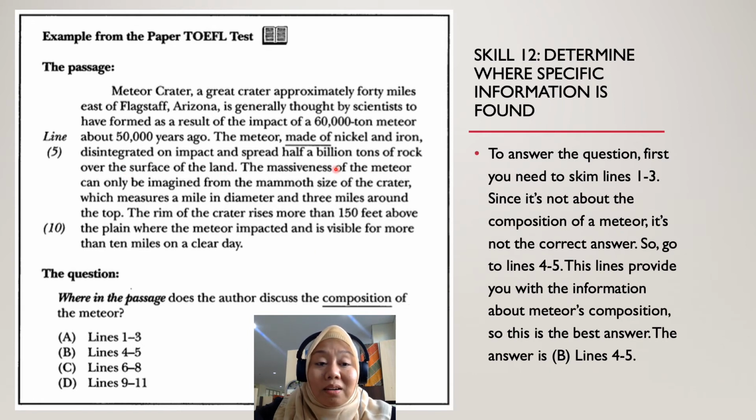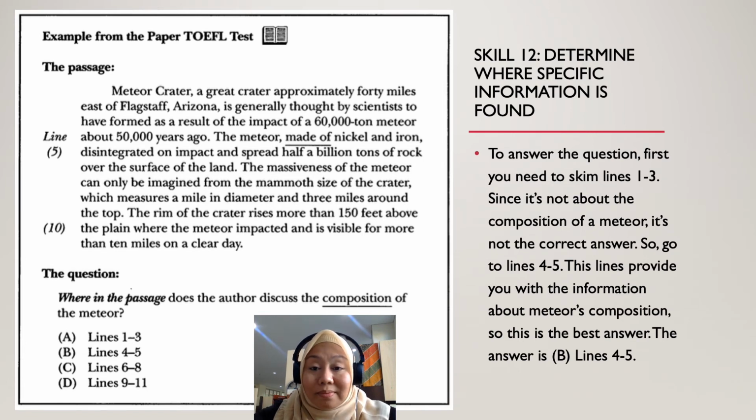Composition of the meteor: made of nickel and iron. So this is the answer. The answer is B. So you don't have to move to the next lines. But if it is not in lines 4 to 5, then you will read lines 6 to 8 until you find the answer. That's how you determine where specific information is found.